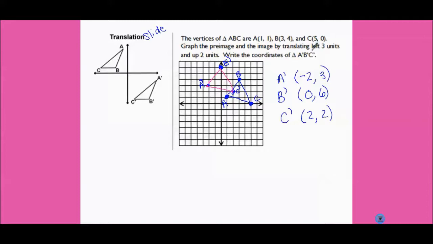And if you notice, left 3 would be -3: 1 minus 3 is -2, 3 minus 3 is 0, 5 minus 3 is 2. That affected the x values. Up 2 would have been +2. We added 2 to all the y values. 1 plus 2 is 3, 4 plus 2 is 6, 0 plus 2 is 2. So we could have done it algebraically first and then graphed them.